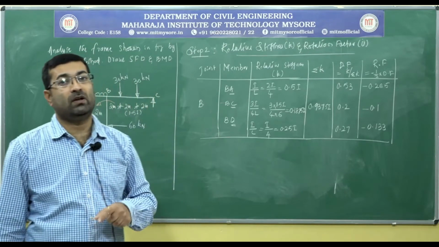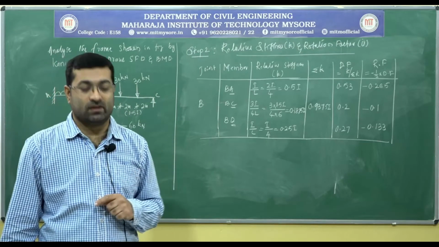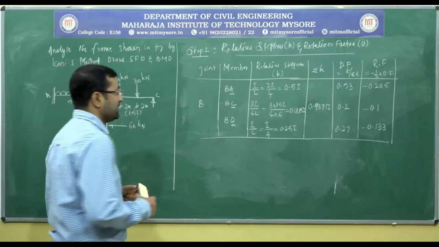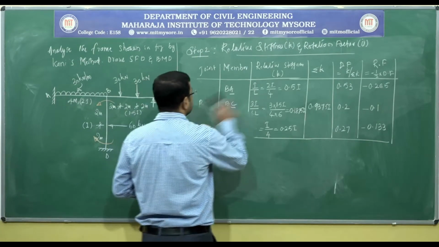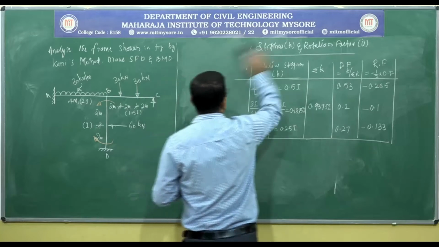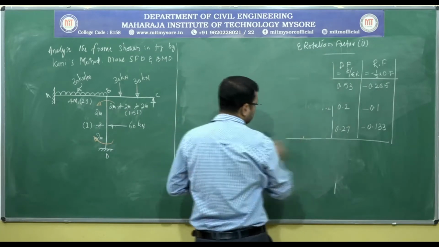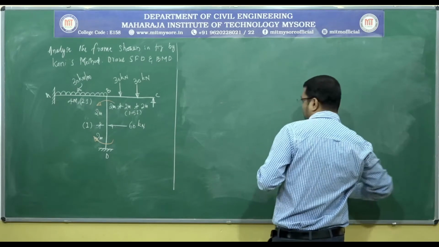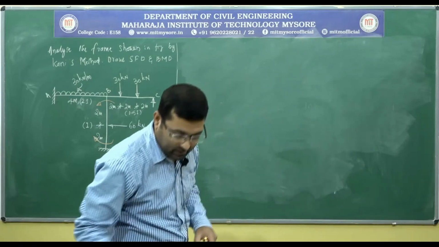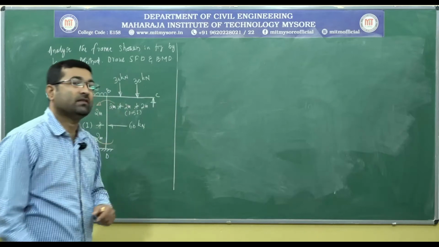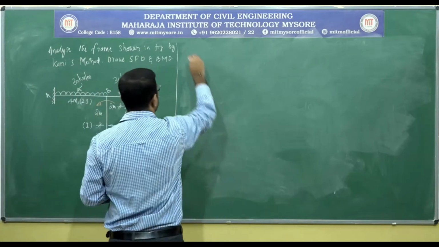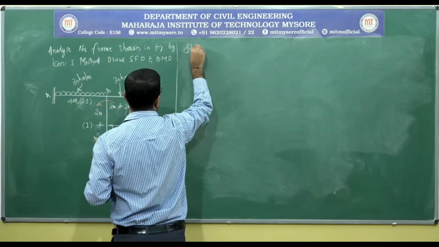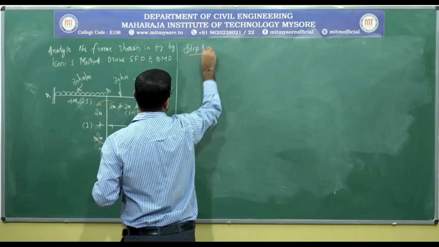The final end moment is dependent on the rotation contributions. They all are interlinked. Okay. So with this, I will start with the next step, that is Kani's table. Here the Kani's table for this frame is again a little bit different, but the advantage is we will be able to finish step number 3 in only one cycle.